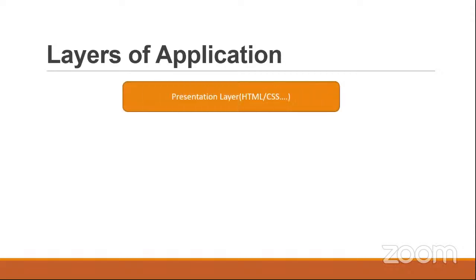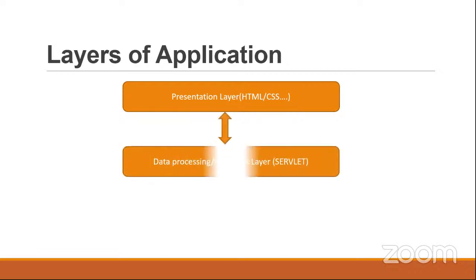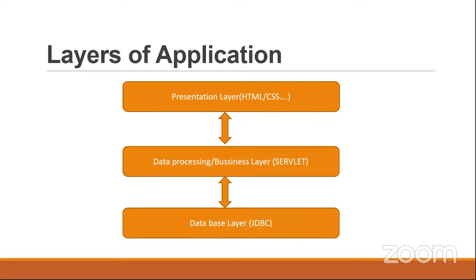Okay. So the first one is the presentation layer and the business layer, or we can say the data processing layer as well. Okay. So we do have one more layer, that is the database layer. So we have 3 layers of an application.